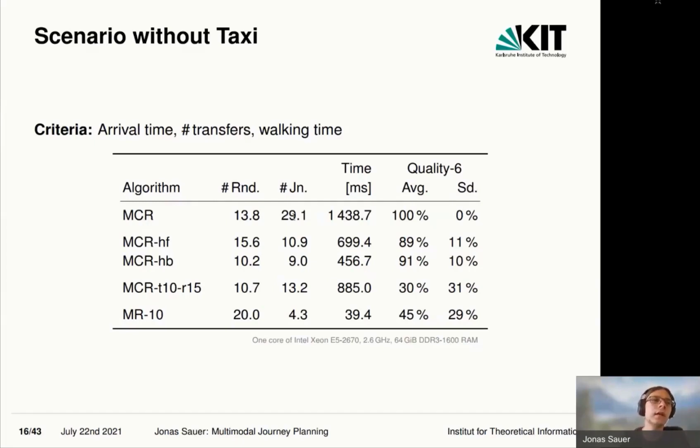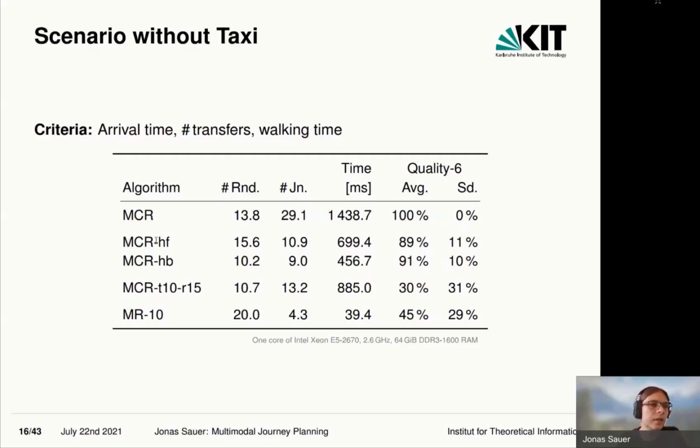So if we look back at what we saw in the previous session, we had an average of 9 journeys for the fare zone scenario. So now we have 3 times that, and the running time is much higher. Yeah, not really applicable for interactive applications.